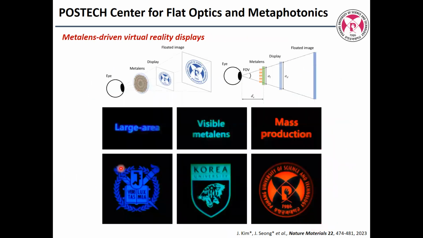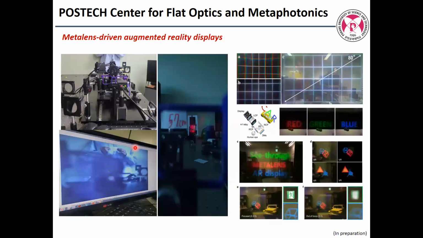We used this one for a VR, virtual reality demonstration, made a 4 centimeter large lens and demonstrated the VR performance. VR is a little easy, but AR still has a long way to go. We are suffering from the semi-transparent image: seeing the outside and then making a correct image here.